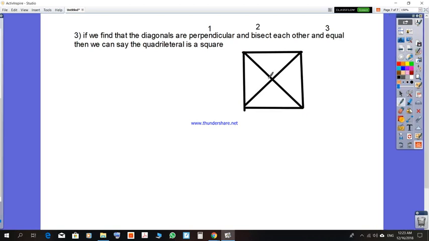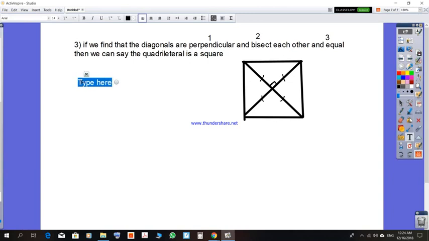Here we have 90 degrees, and this part equal to this, bisect each other and equal at the same time. Now be careful.